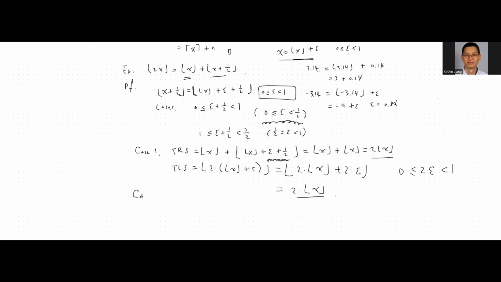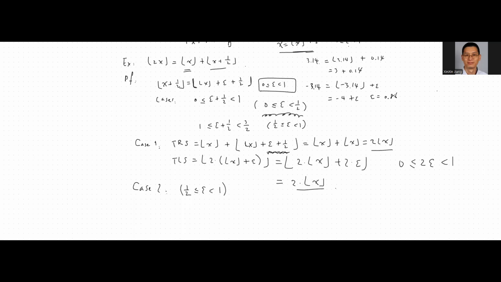Let's look at case 2, when epsilon is greater than or equal to half, less than 1. Well, in this case, the right side equals the floor of x plus the floor of x plus epsilon plus 1/2. But now this epsilon plus half is greater than or equal to 1, less than 3/2.